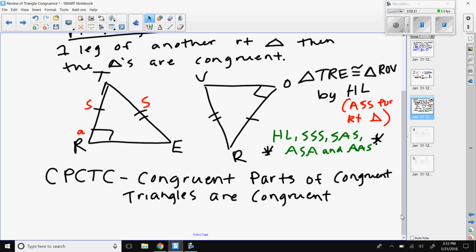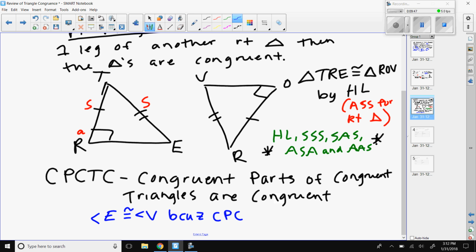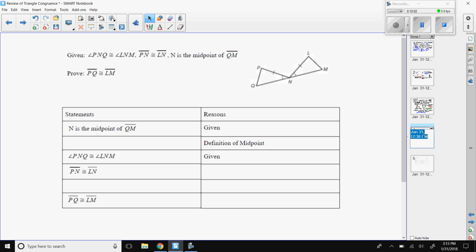So what we would have in the one above is we'd be able to say that the two triangles were congruent, and then we'd be able to say that angle E is congruent to angle V because of CPCTC. So once we have the two triangles congruent, all the rest of their parts will be congruent because of CPCTC. And we just looked at even more proofs as well.